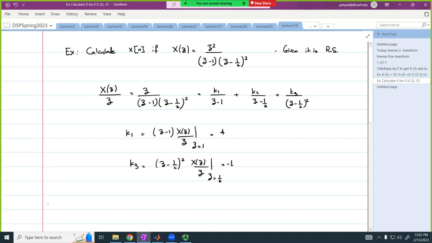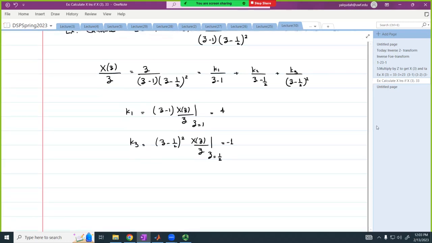So this is going to be gone. I'm going to have 1/2 over z minus 1, which is 1/2 minus 1, giving me negative 1/2, so 1/2 over negative 1/2. Now, how do we find K2?